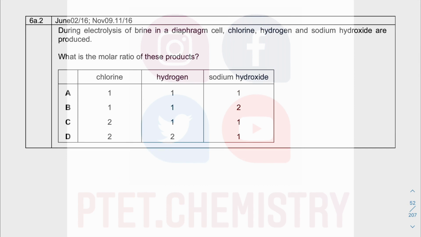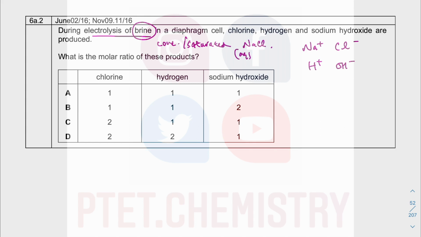So next bit is about the electrolysis of brine. Although electrolysis of brine is not really in the AS syllabus for the Cambridge International anymore, you have done electrolysis of brine, which is concentrated, or we say saturated NaCl, from your O level or from your GCSE, where you have Na plus and Cl minus ions, and then you also have H plus and OH minus from the dissociation of water.